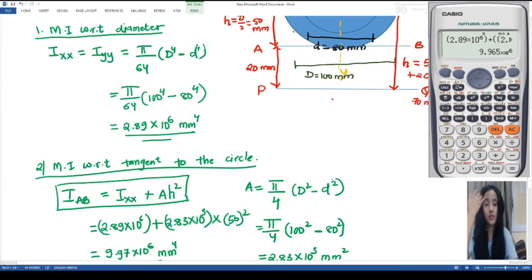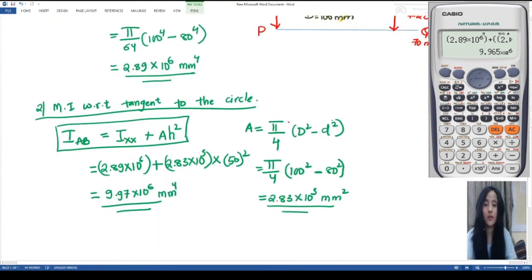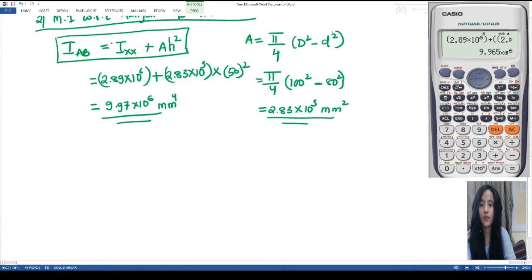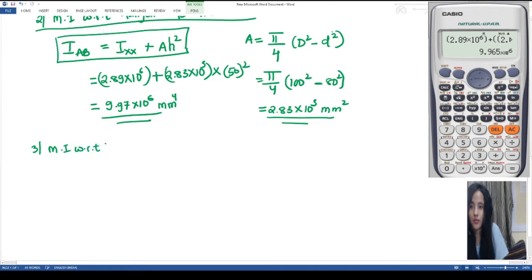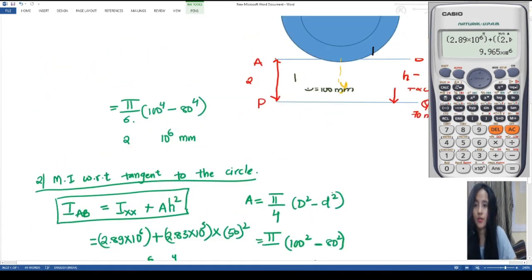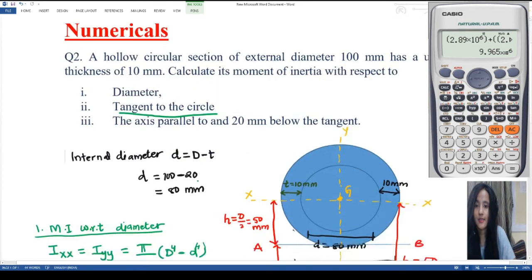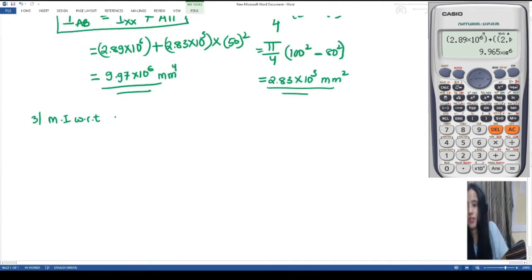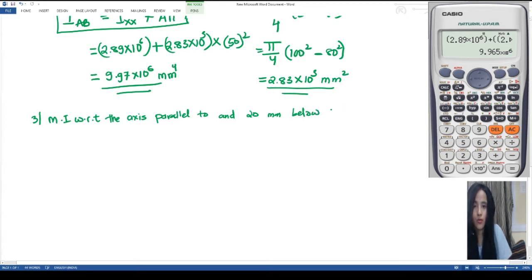Okay, now let us find the third one. Moment of inertia with respect to the axis parallel to and 20 mm below the tangent.